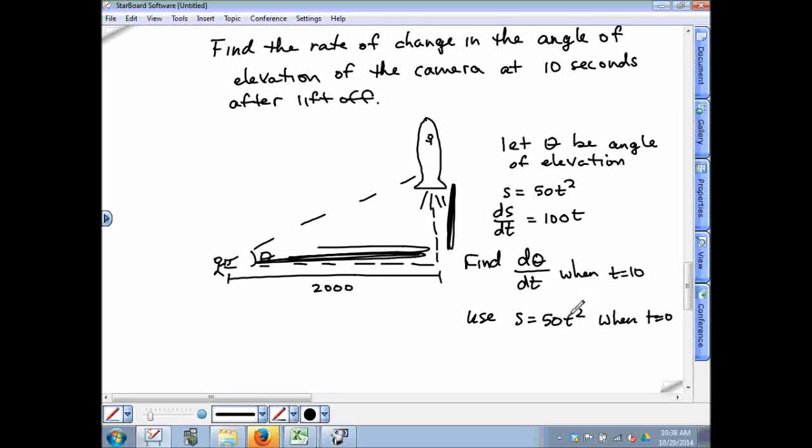So 10 squared is 100. 100 times 50 means that the position is 5,000. Actually, no, wait, that's one too many zeros. 50,000 would be like halfway to the moon.